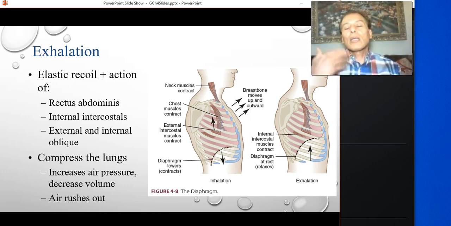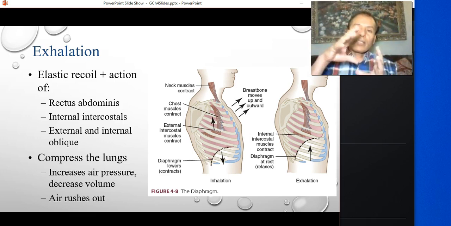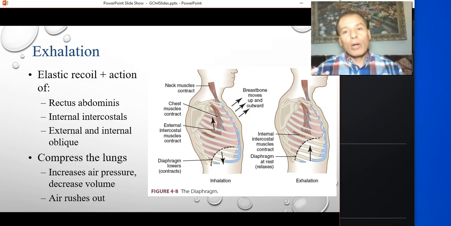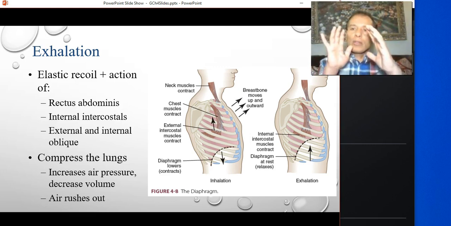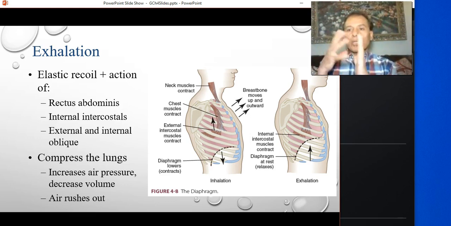So when you exhale, you get elastic recoil. That is the elasticity that will bring the structures back to where they were. For example, the abdominal muscles that were pushed out now come back to where they were because of elasticity. Elasticity means you pull something away or distort it, let go, and it will bounce back to shape.